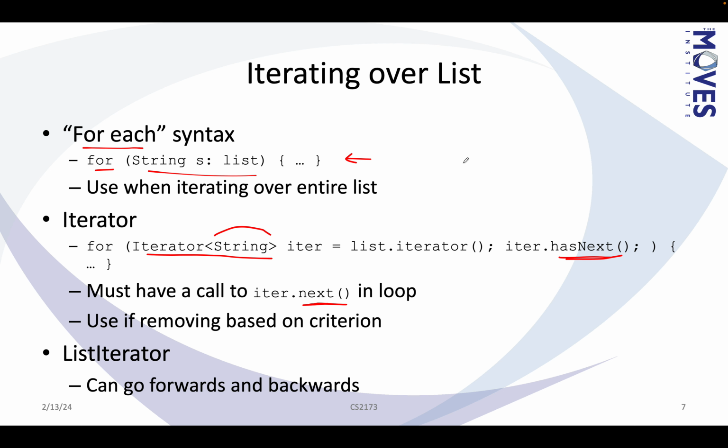So think of an array. Let's say you're iterating over an array of strings, and you want to remove all the ones that start with the letter T. A string can let you know which one that is. In an array list, remember, if you remove that, then everybody shifts over.